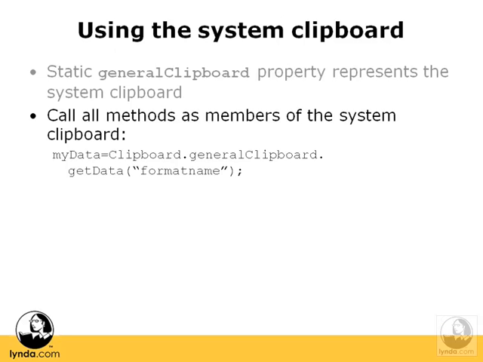For example, the getData method, which receives a format name as an argument and returns data associated with that format name, is always called as a member of the generalClipboard static property of the Clipboard class, and not of the Clipboard class itself. There can only be one clipboard at any time, so the generalClipboard property represents what we call a singleton, an object of which there can only be one at any given time.